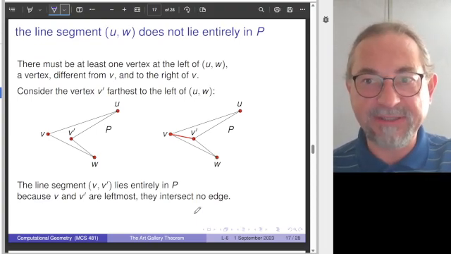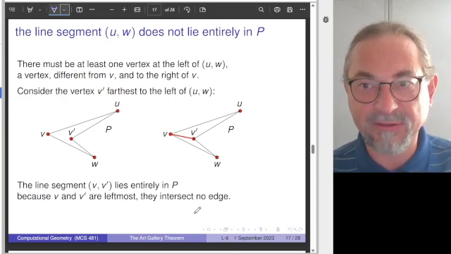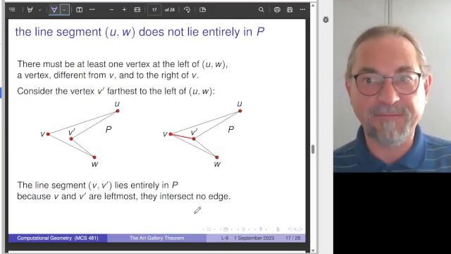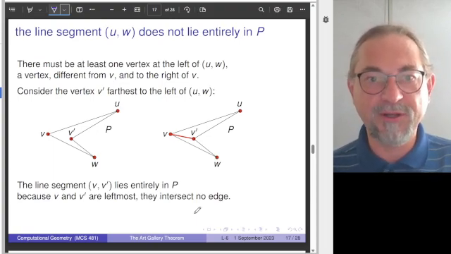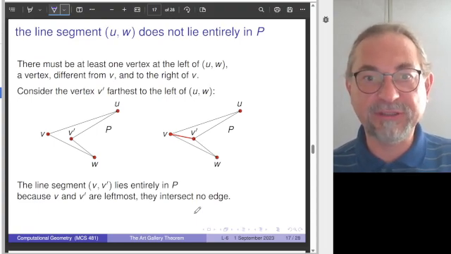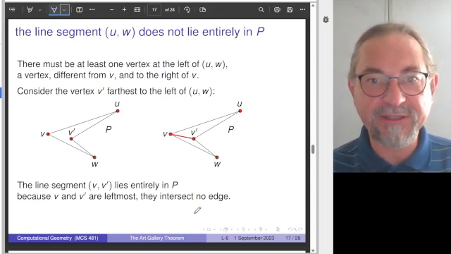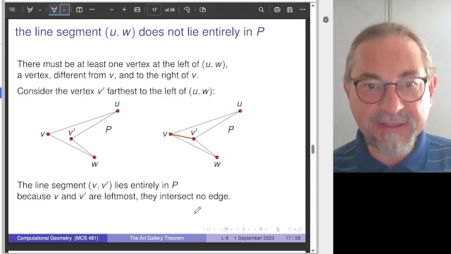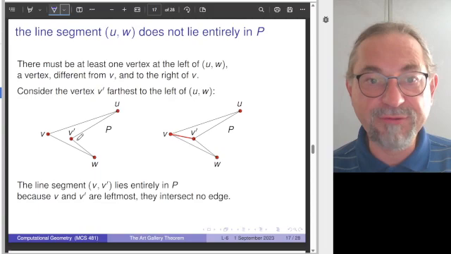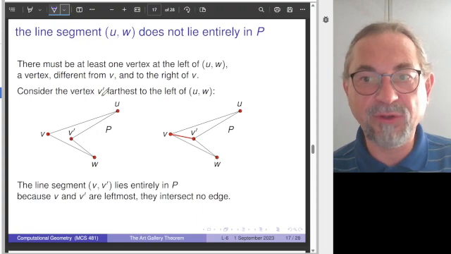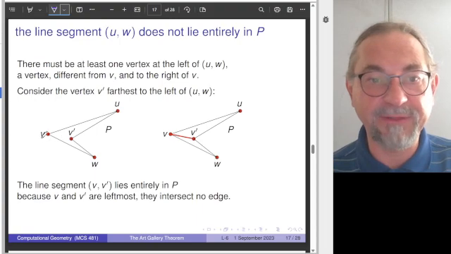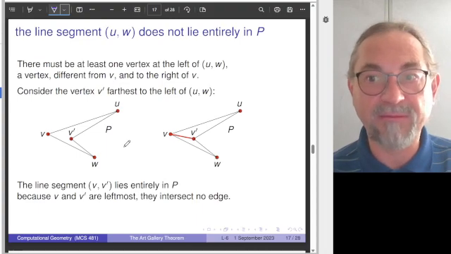In some sense, I was drawing a quadrilateral, not convex, concave, and this choice was made to get to this notion of the vertex, that it is a vertex of the polygon. You can also reason why this V prime exists. If it doesn't exist, then UW must lie in the polygon. Or if that V prime would correspond with V, then you wouldn't have a polygon anymore.